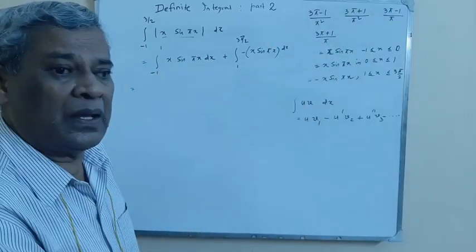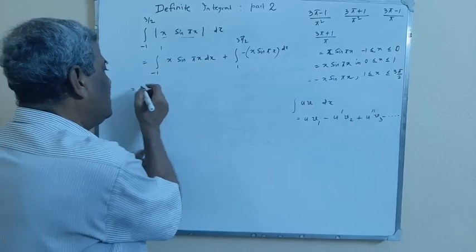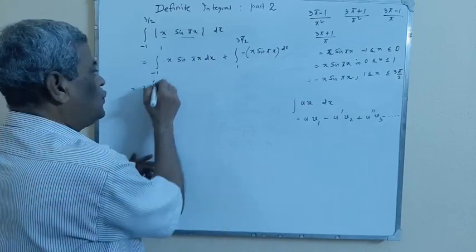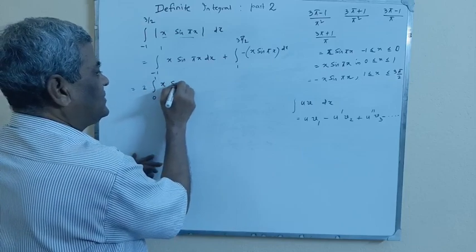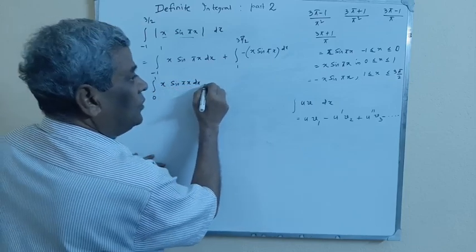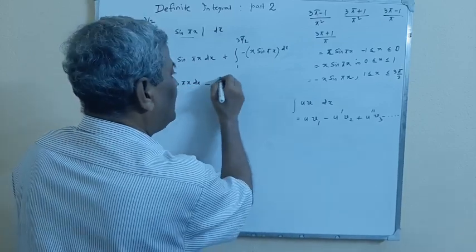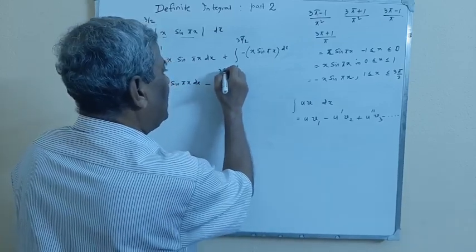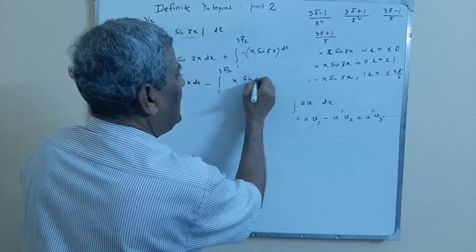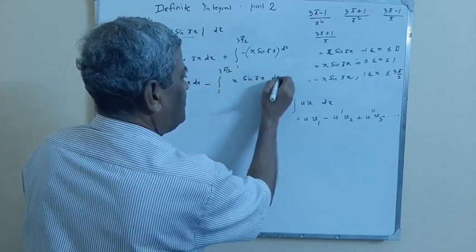So it is equal to 2 times the integral from 0 to 1 of x sine pi x dx minus the integral from 1 to 3 pi by 2 of x sine pi x dx.